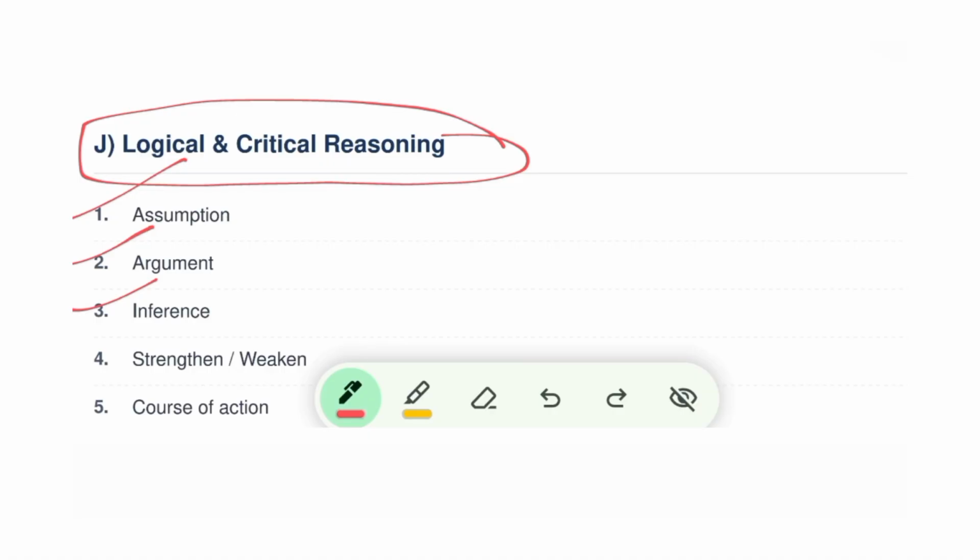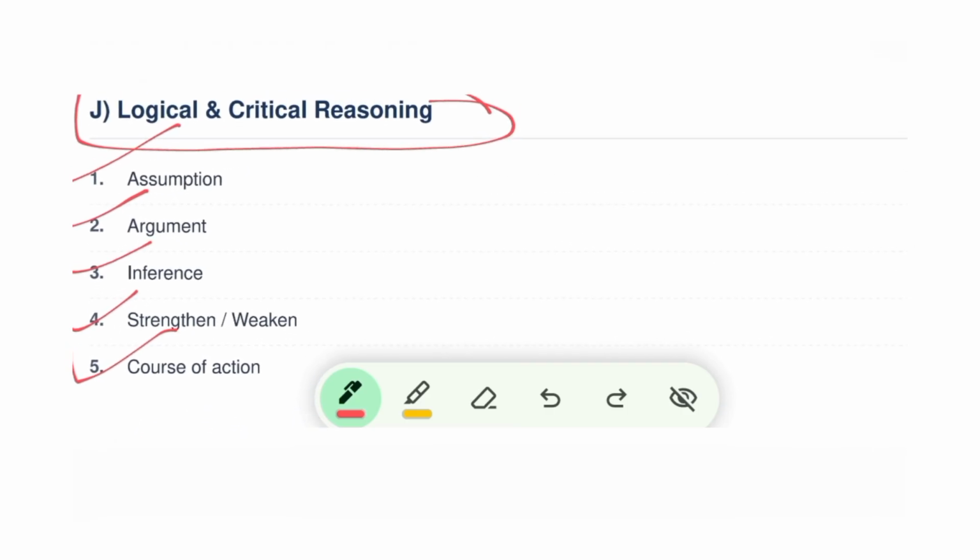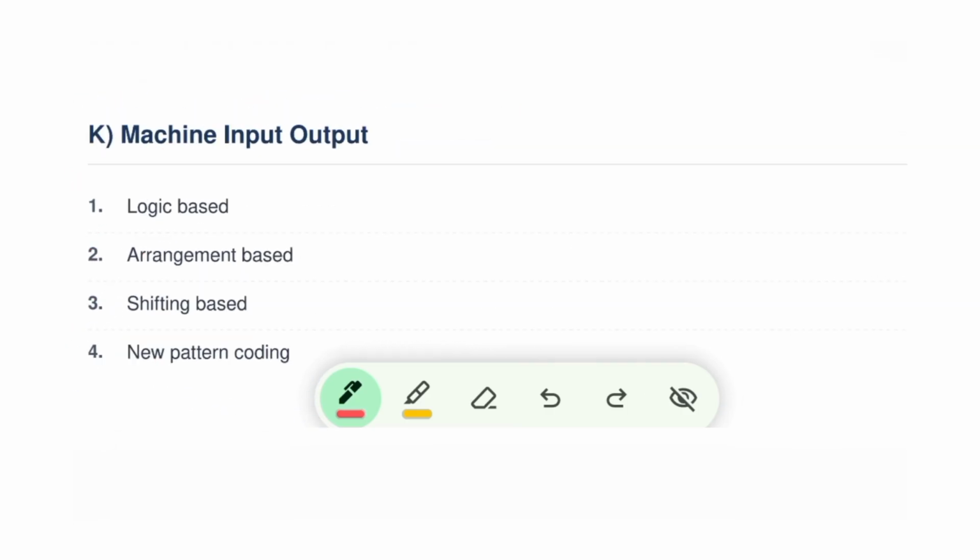Like there is a statement given about a political aspect or environment issue, then they can ask if this happens, can this point strengthen or weaken the statement. And fourth is what course of action we can take on the above statement to solve the problem.